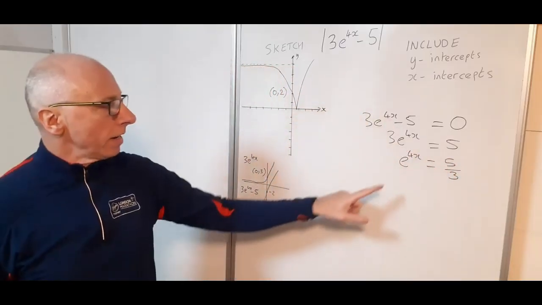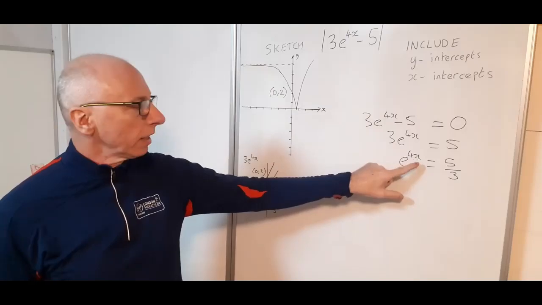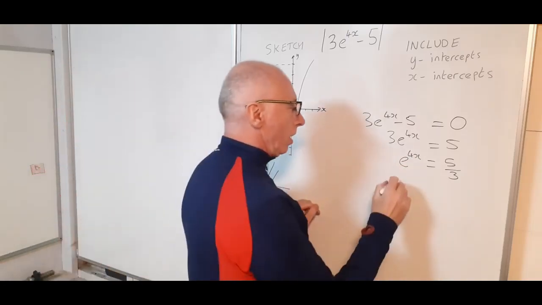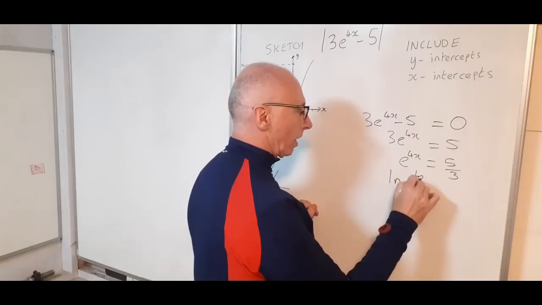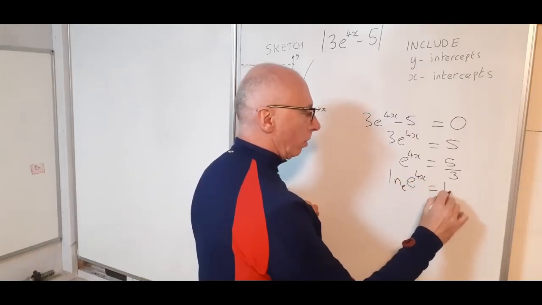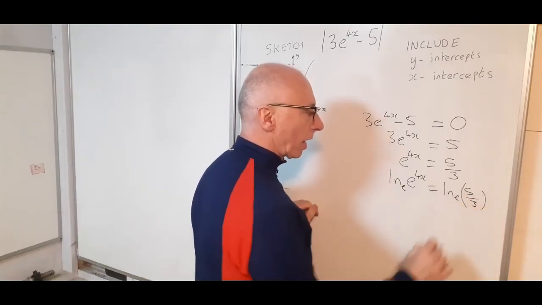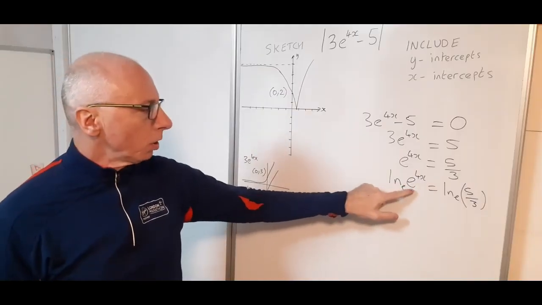And now to get the x out of this exponential with the 4x, I just take the natural log on both sides. So if I've got now log base e of e to the 4x, that would now equal log base e of 5 over 3. And I'll just put that in a bracket. So log base e of e just becomes 1.